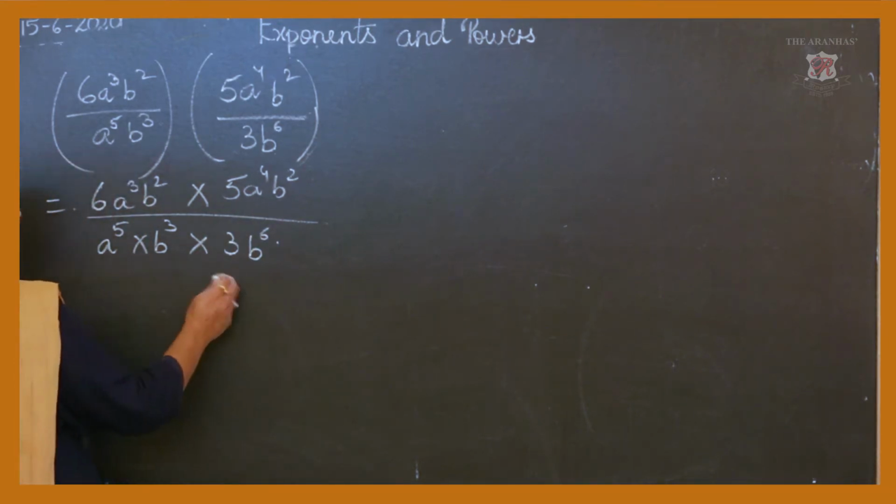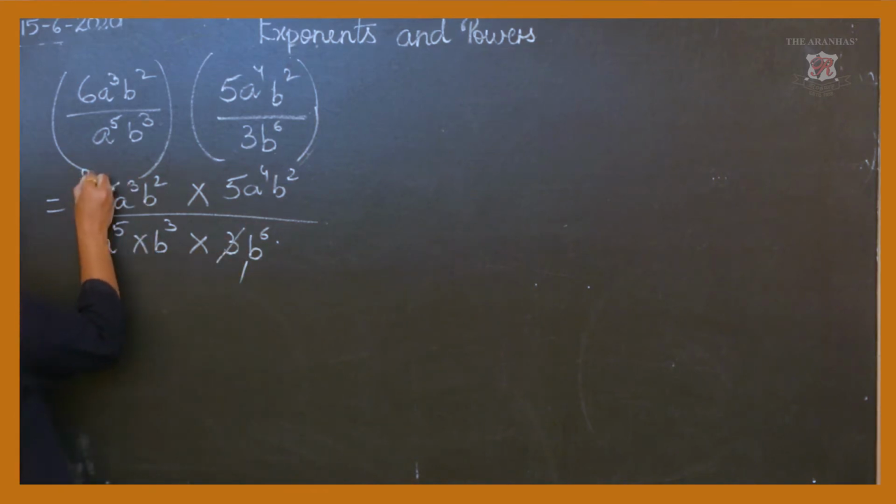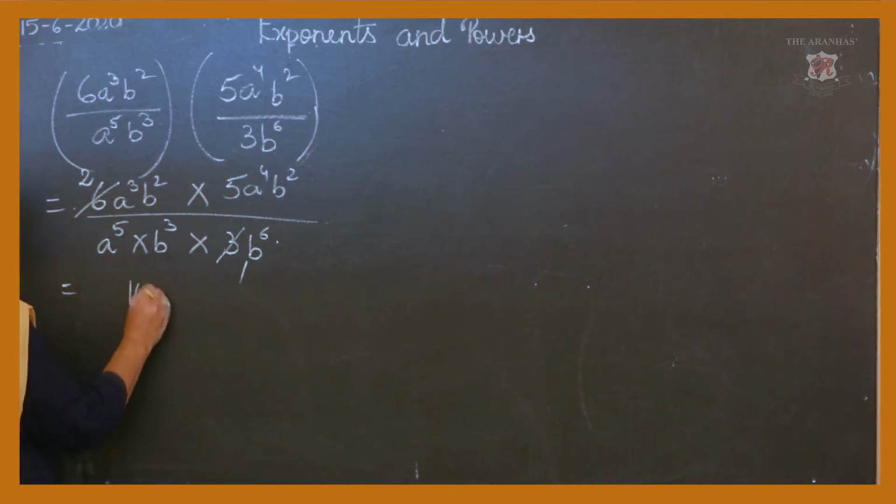So now here you can try to cut it. See, 3 ones are, 3 twos are. So now over here what you're getting is 2 into 5 will give you how much? 10.